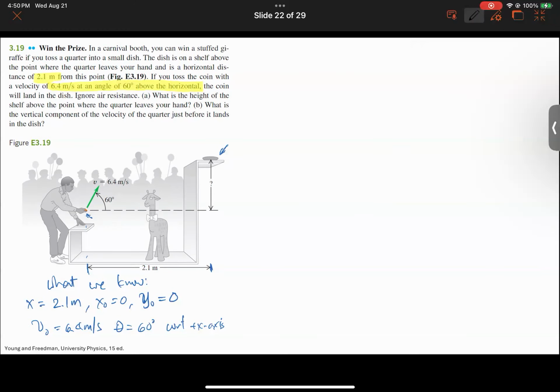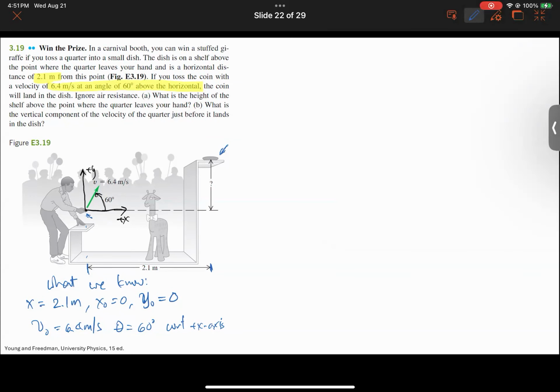So let's draw that. Where would you place the origin of your coordinate system? Place it where the motion started. The motion started here, there's the positive y, and there's the positive x. Now you have an angle, a direction, with respect to the positive x-axis, and the velocity has a magnitude of 6.4 meters per second.